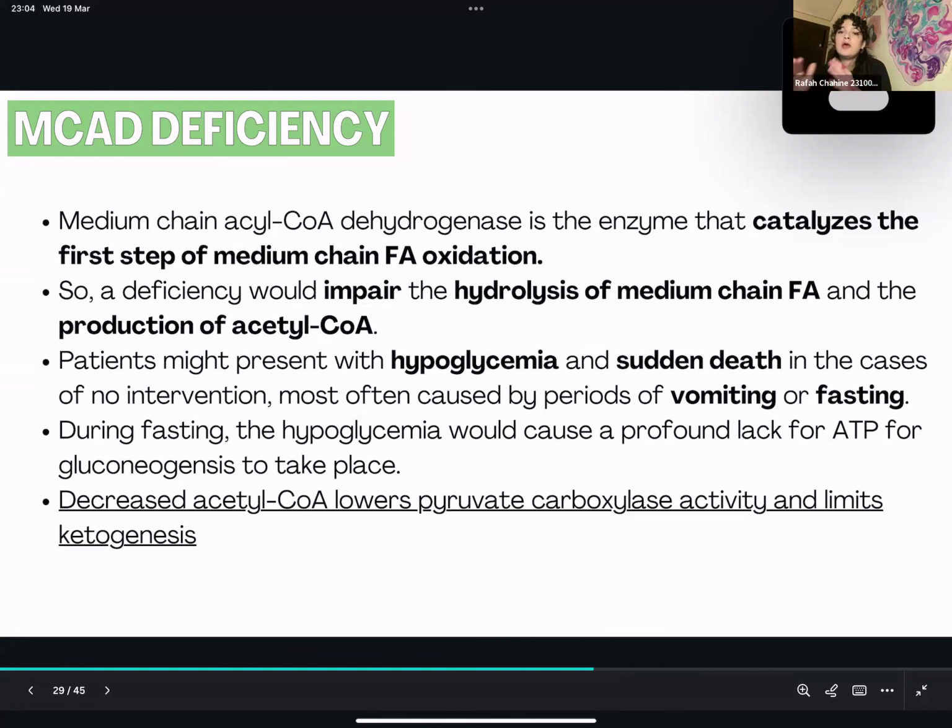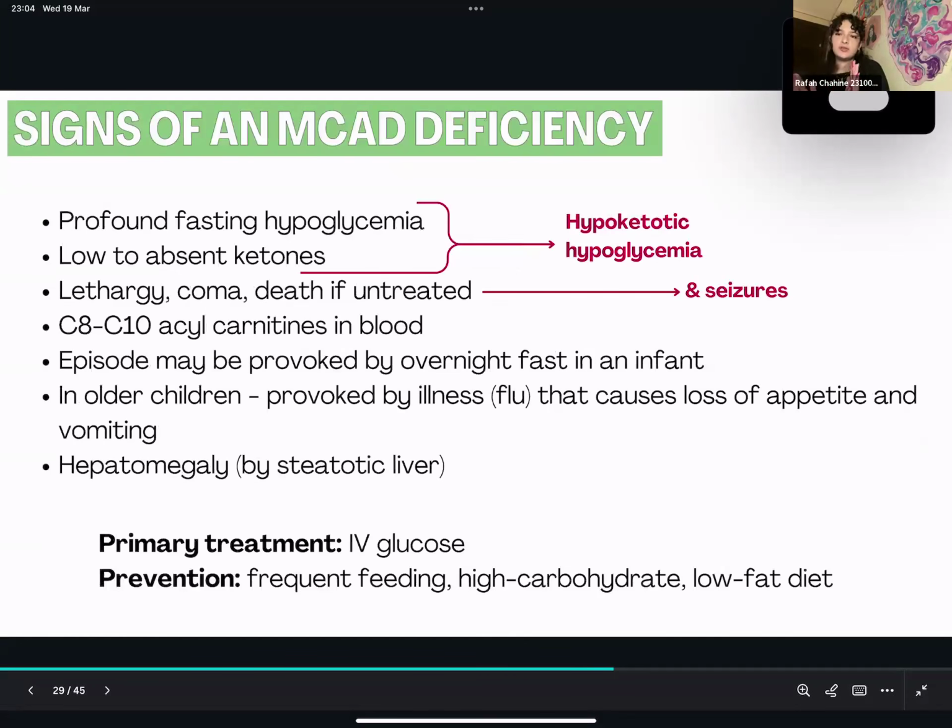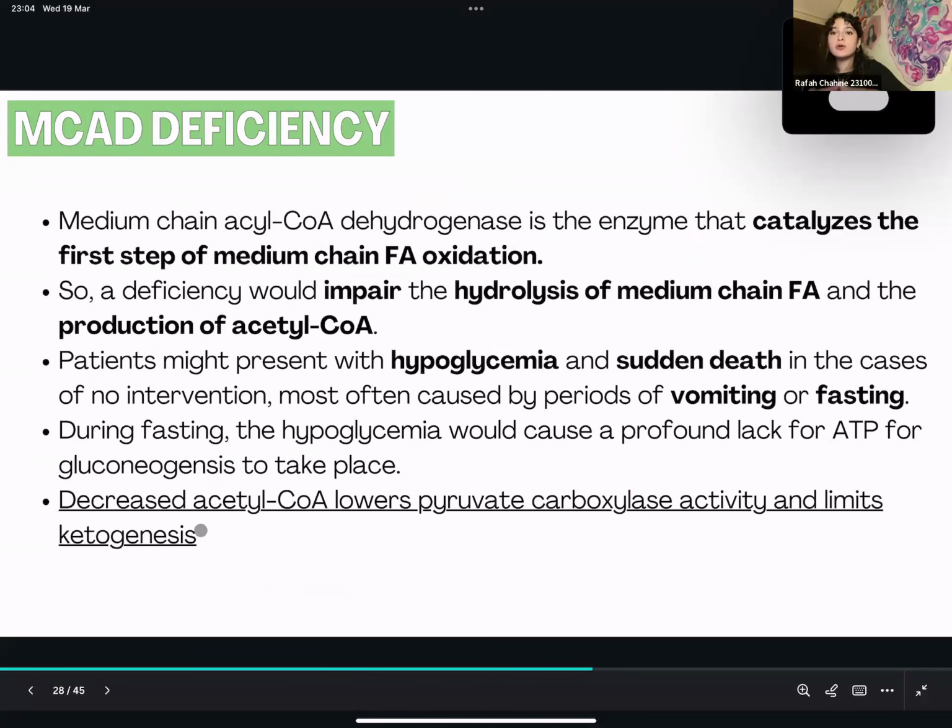Now, what are the symptoms and signs of MCAD deficiency? You need to know these. First of all, we have a profound fasting hypoglycemia, and I already explained why. Now, we have low to absent ketones. This goes back to this last bullet point, which we will get to when ketogenesis comes around. But what you need to know for now is that we need acetyl-CoA for ketogenesis as well, right?